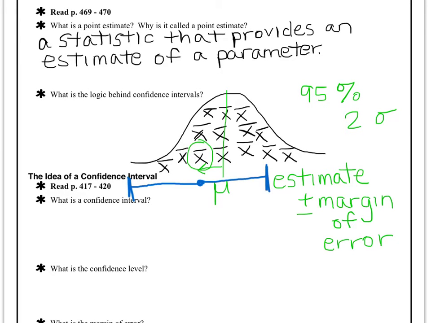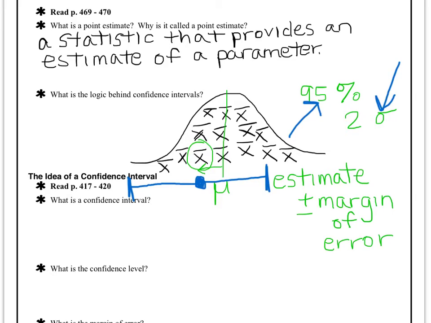That is called a confidence interval. What's the margin of error based off of? Margin of error is based off of whatever percent we choose that we want to be confident of and standard deviation. That's where this plays in. Our point estimate is our single point.